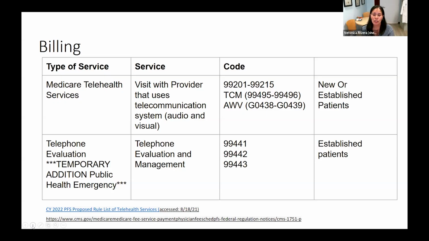And transitional care management visits and annual wellness visits are all eligible for billing. For the audio only or telephone only visits, there are 3 separate codes: 99441, 99442, and 99443, which I'll go over later. And again, these are available until further notice, up until December.